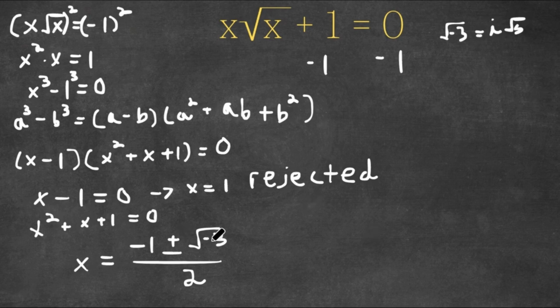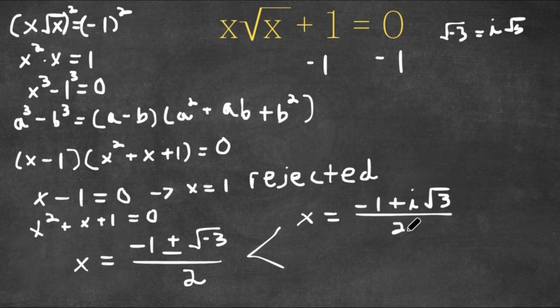So now this would give us two equations. We get x is equal to -1 plus i times the square root of 3 over 2, and we also get x is equal to -1 minus i times the square root of 3 over 2.